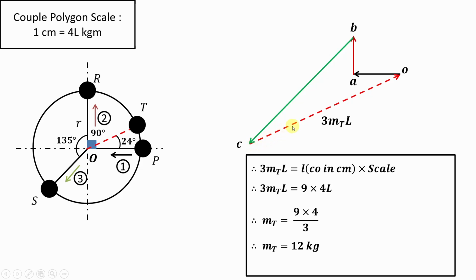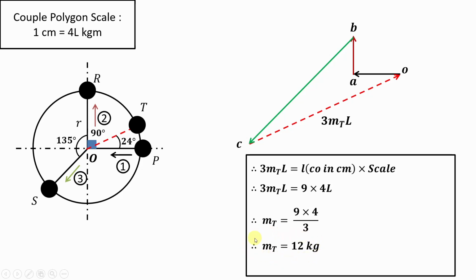Now draw a line parallel to this line from O. So you'll get the location, angular position of mass T, because mt is there. So it is the mass of T, mt is under plane T is under consideration, and its location is at a distance of 24 degree. So these two values now we know, that is mt is equal to 12 kg.